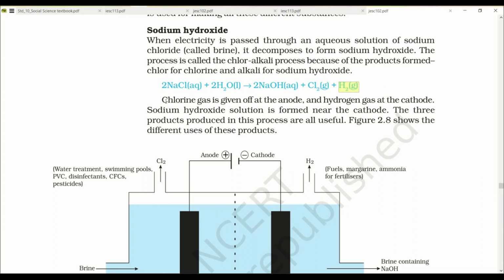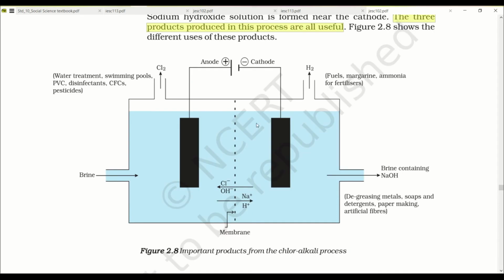Chlorine gas is given off at the anode, that is the positive electrode of the battery, and hydrogen gas at the cathode. Sodium hydroxide solution is formed near the cathode. The three products produced in this process are all useful. So from a single raw material, you can obtain three different materials. From the diagram showing where these three materials are used, chlorine can be used in water treatment, swimming pools, PVC, disinfectants, CFCs, pesticides, and so on.